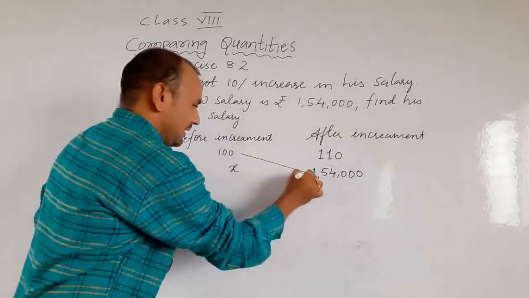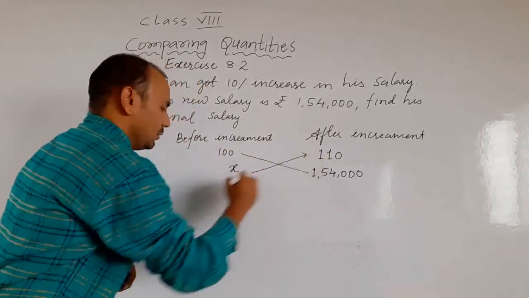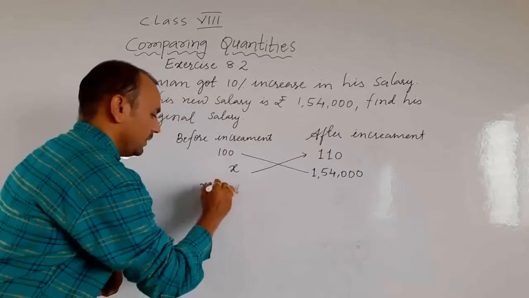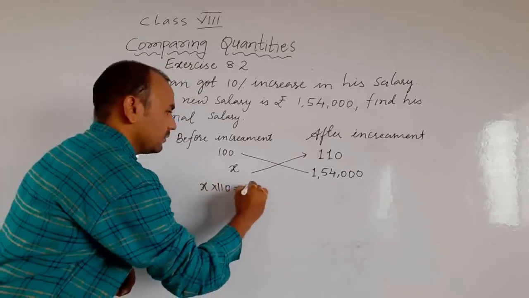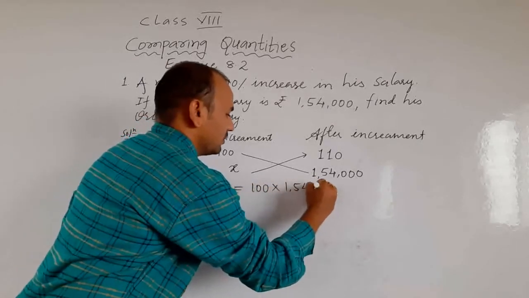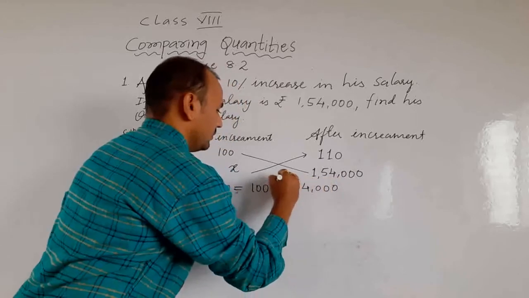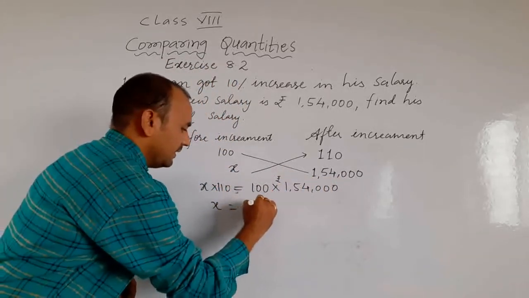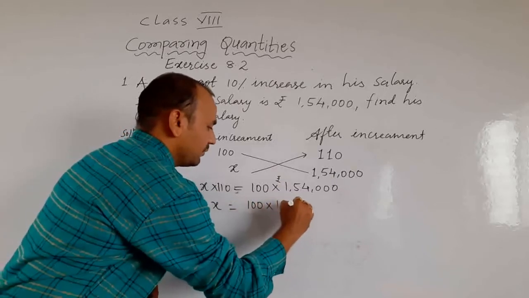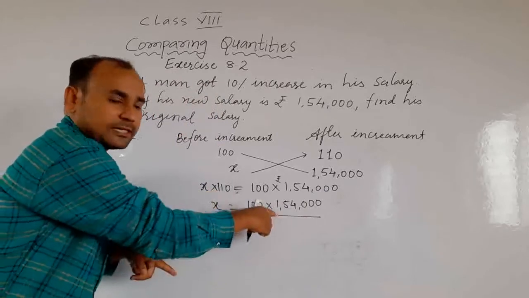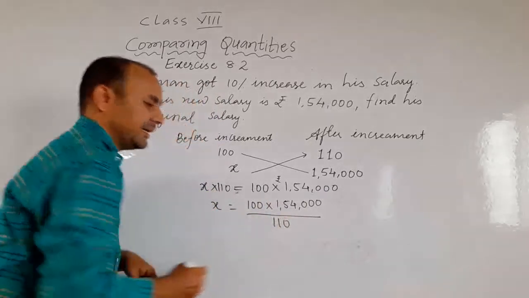Let us cross multiply. x into 110 is equal to 100 into 1,54,000 rupees. So x is equal to 100 into 1,54,000 divided by 110.